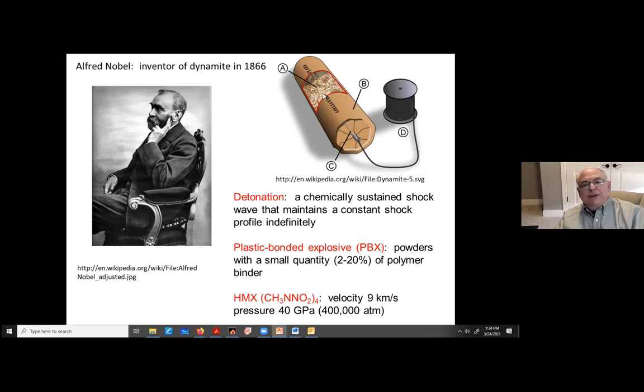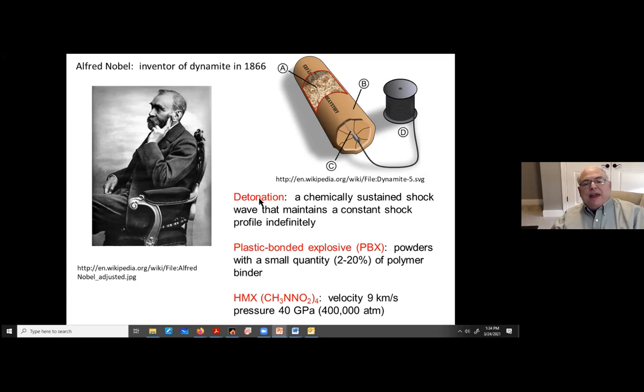And the shock wave runs through here at supersonic velocity. The shock wave moves so fast that this stuff up here doesn't know it's coming and doesn't have time to get out of the way. So unlike the gunpowder that fizzles, you get an unconfined, very powerful, chemically sustained shock wave going through here.